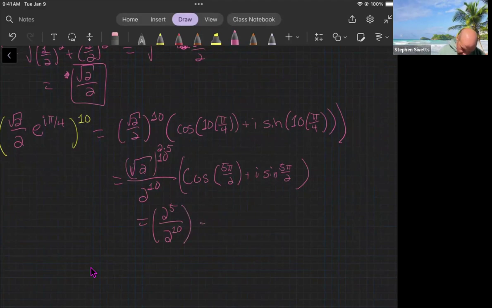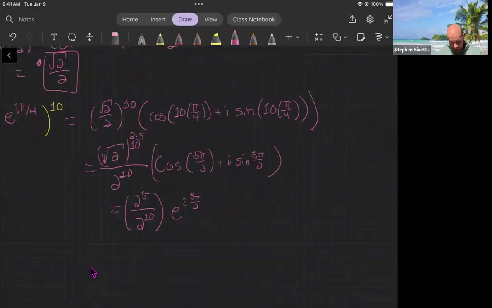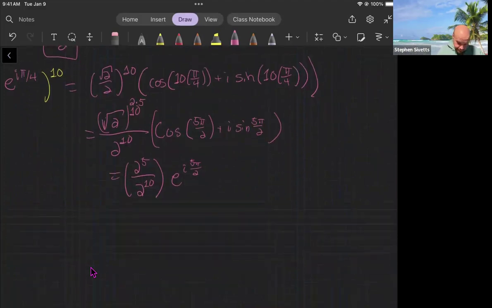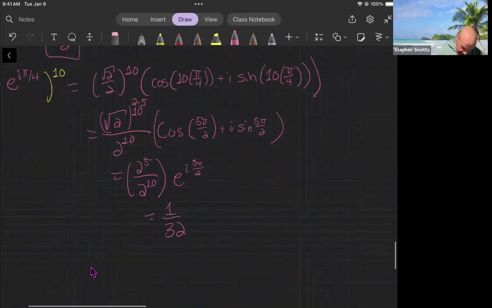And then we'll have e to the I 5 pi over 2. The principal argument is pi over 2. So we'll have 1 over 2 to the 5th, so 1/32 times I, right?